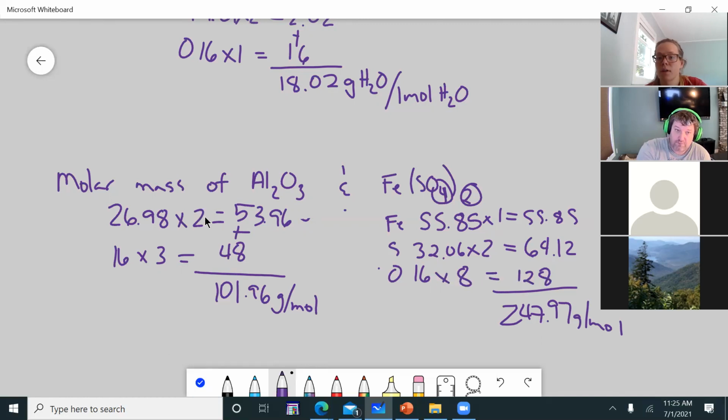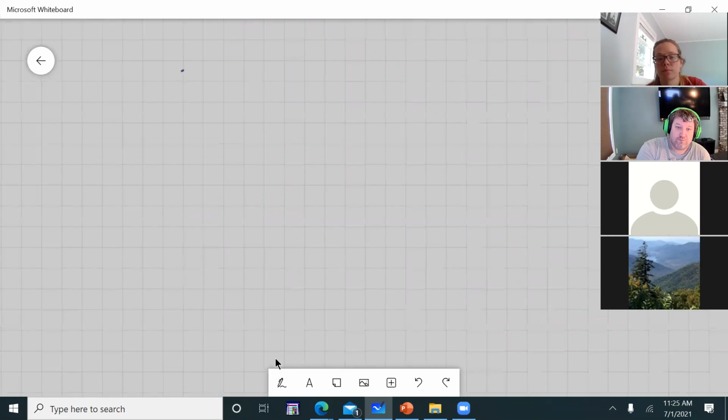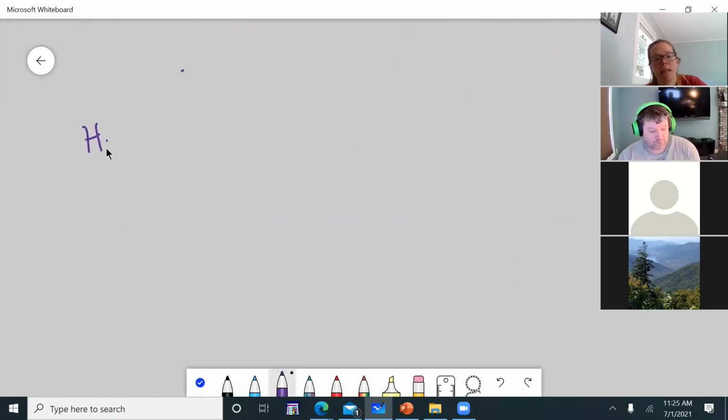So when you're solving problems with a compound, if you have to use the molar mass, you have to do an extra step, right? You have to add it together. So let's do a problem.